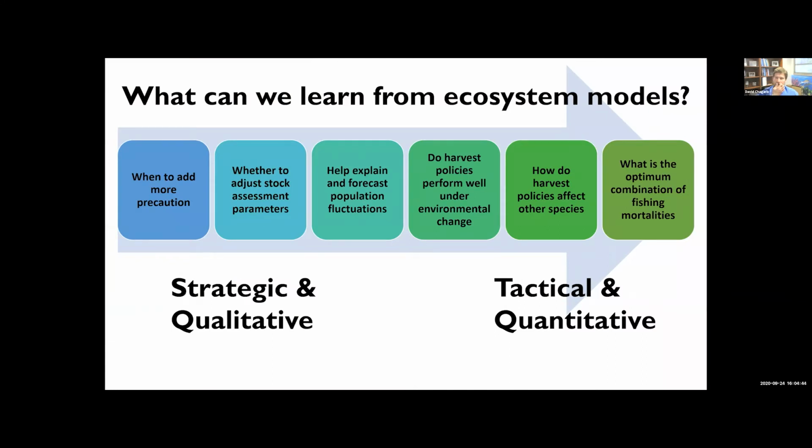What we can learn from ecosystem models ranges from advice that is strategic and qualitative, such as when to add more precaution, or whether you should adjust parameters in the stock assessment, all the way up to more tactical and quantitative advice, like understanding how harvest policies of one species might affect another, and eventually getting to optimum combinations of fishing mortalities.